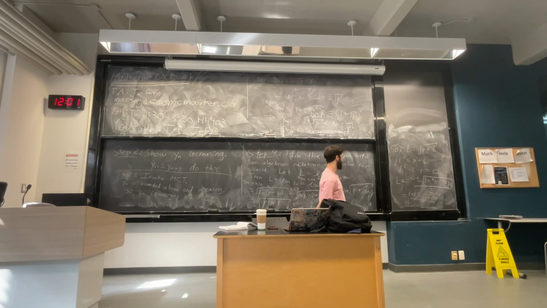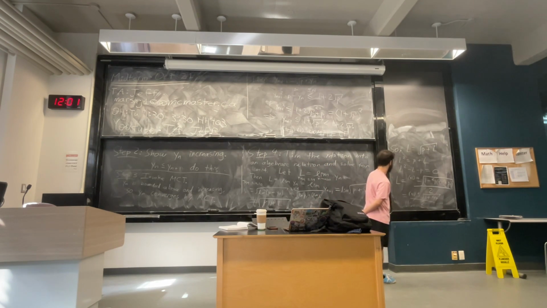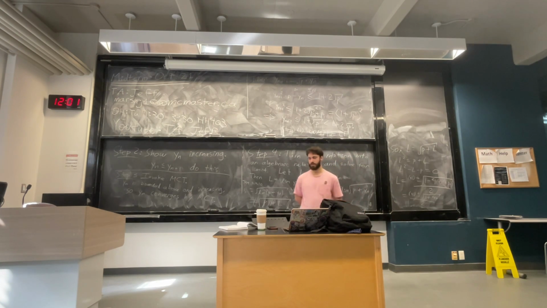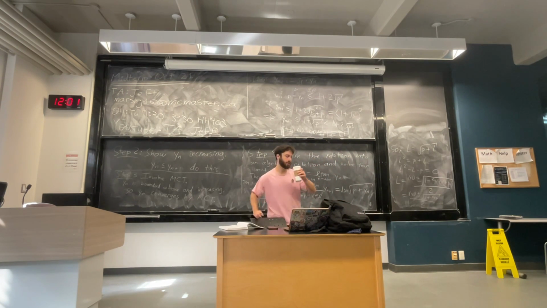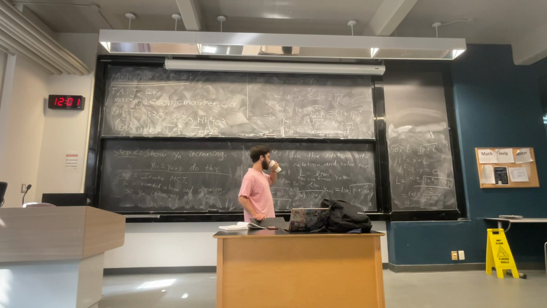Okay, and then we just have to decide which branch this is going to be, if we're going to take the positive branch or the negative branch. And I'm pretty sure it's going to end up being the positive branch.